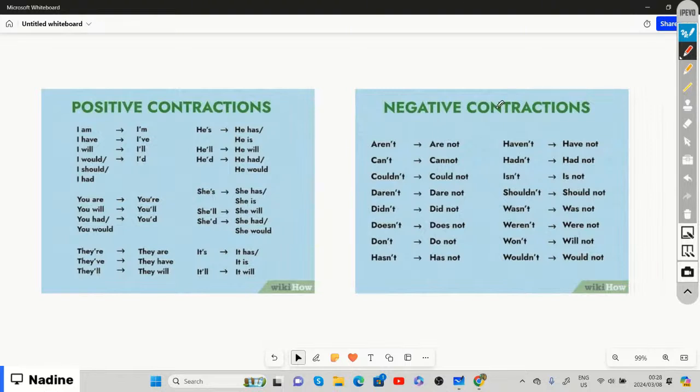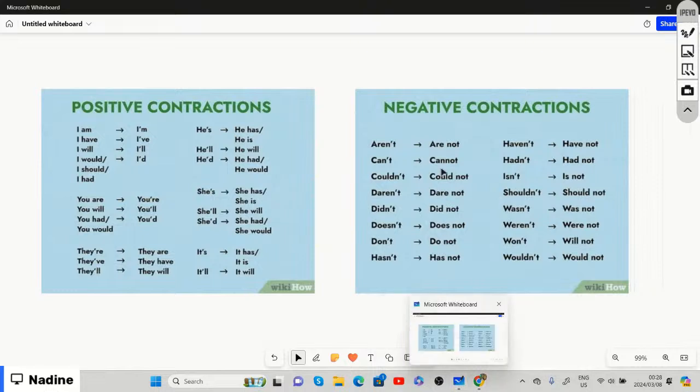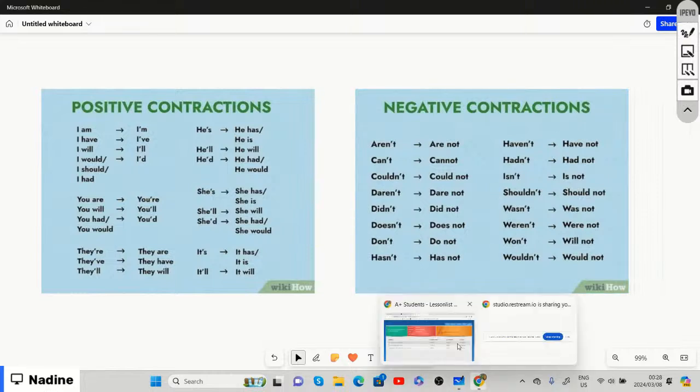All right. So we are doing our tutorial lesson on aplusstudents.ca. So now let's go to aplusstudents.ca. And we already made mention of the positive contractions as well as the negative contractions.